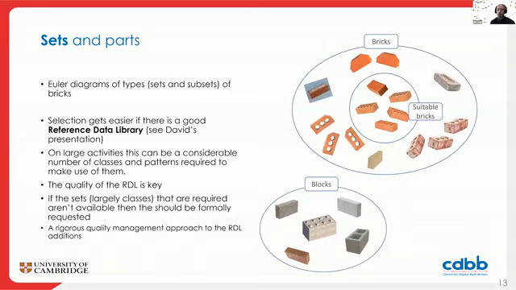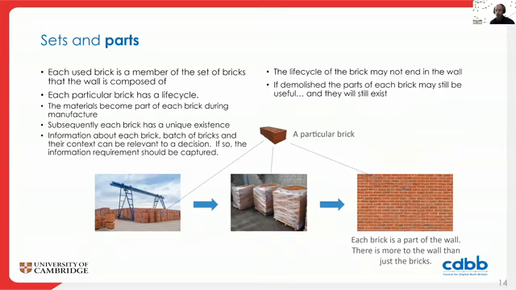But what we need to do in information terms is be able to specify the set of suitable bricks so that we can select our actual bricks that we want in our brick wall from them. And as we've seen in the space-time diagrams, we also want the parts of the brick wall, and the information generated about those parts, to be also available to us.